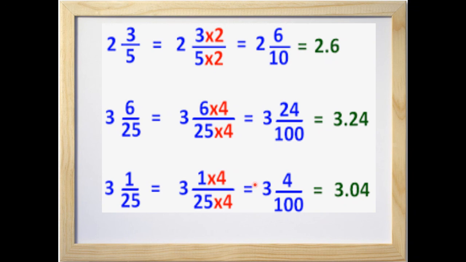So 1 four is 4 and 25 fours are 100. So the mixed fraction is given by 3 4 by 100, where 4 by 100 is a decimal fraction. So we can write 4 by 100 as 0.04. So this mixed fraction can be written as 3.04. Is it clear, children?